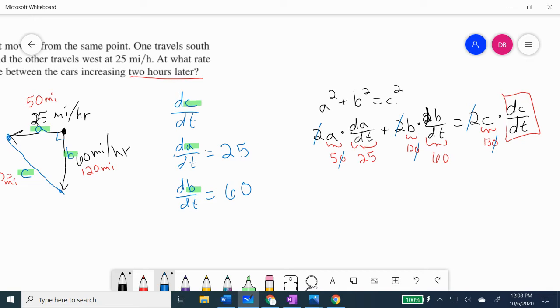So 845 divided by 13, and I get 65. So the distance between them is growing at a rate of 65 miles per hour.